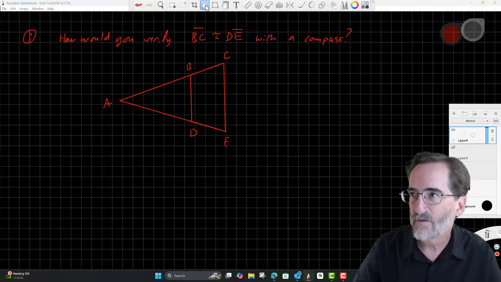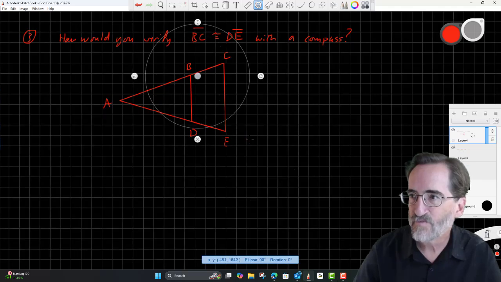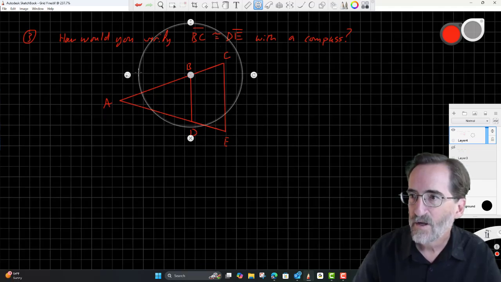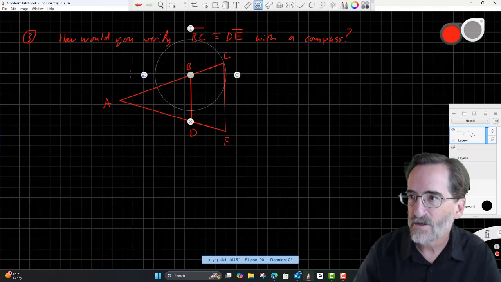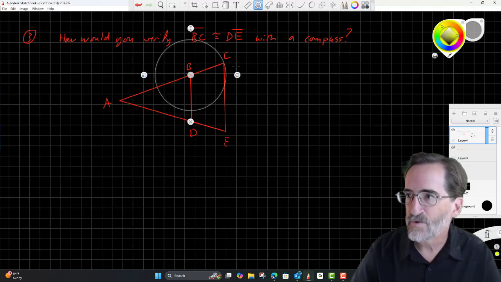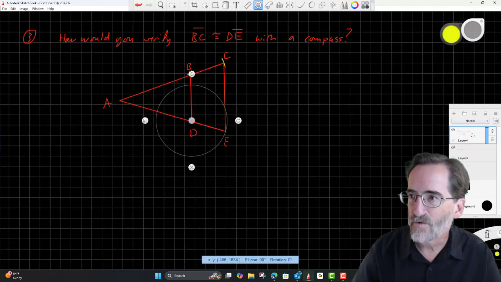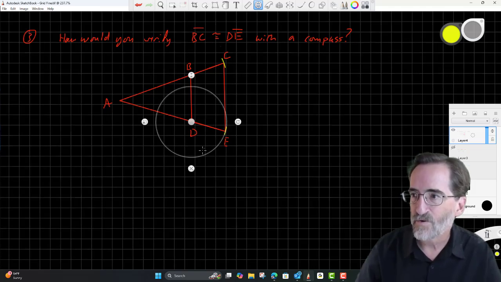I would get my compass out. I'd place my compass point on B, place my compass pencil on C. I would measure the distance between B, C with my compass. And then I would take it over to D and see if it also has the same length.